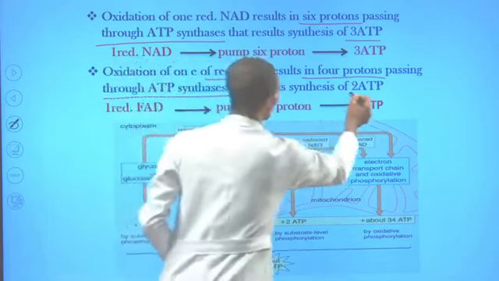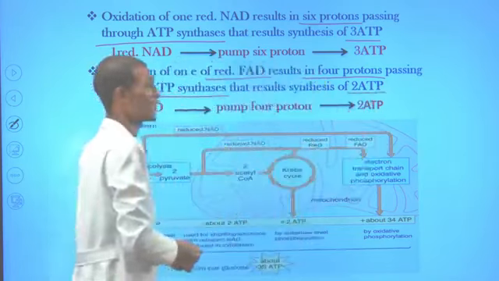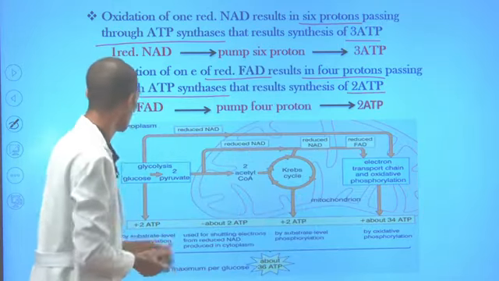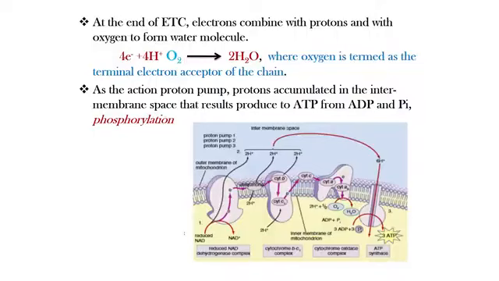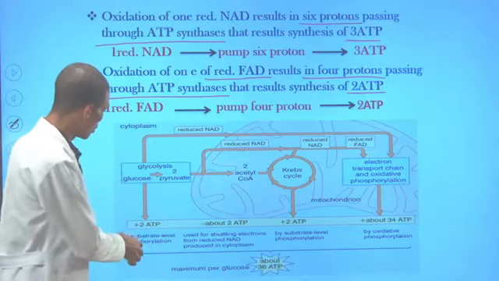That results in the production of 2 ATP molecules, meaning one reduced FAD molecule passes 4 protons through ATP synthase and results in 2 ATP molecules.